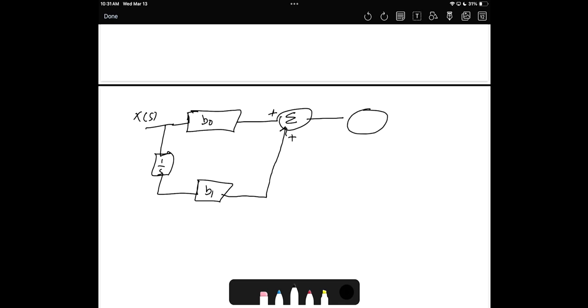Then here is another sum plus, here y of s. Then we have 1 over s. Then we have minus a0. Then subtract.